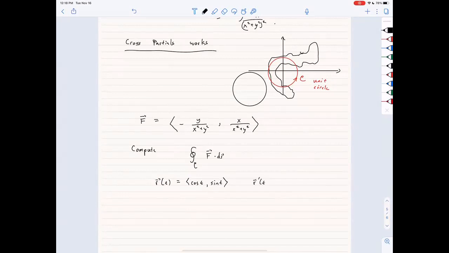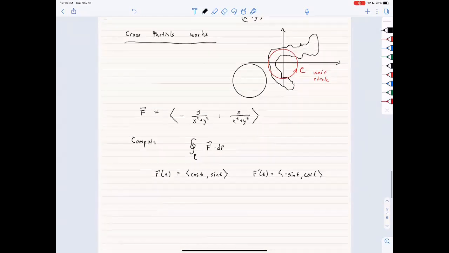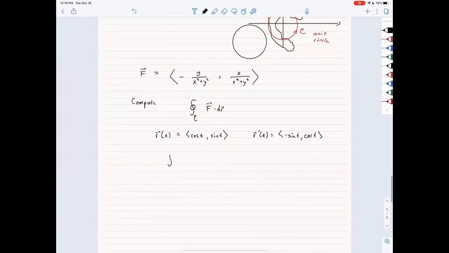Our velocity vector is going to be minus sine t, cosine t. We know x squared plus y squared is 1 on the unit circle, so that simplifies this vector field F. And we just get the integral of F dot ds.